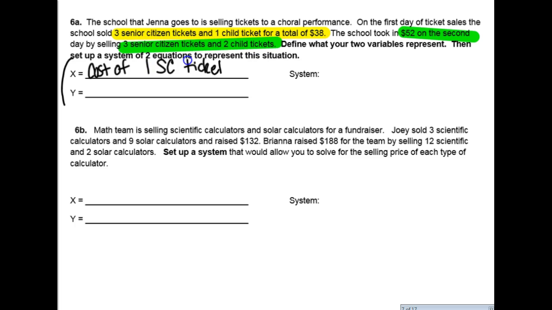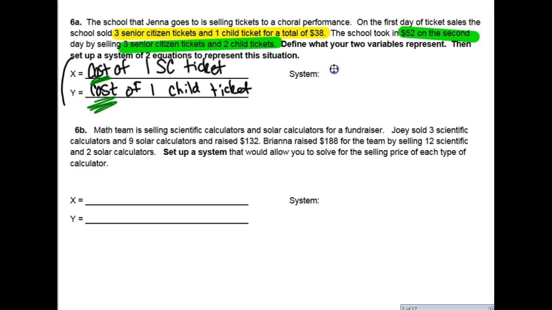And I think when I keyed this, I kind of reversed my variables, but it doesn't really matter because my system will reflect that. So then y is going to represent the cost of 1 child ticket. So very important that you have a very specific word in your definition of variable and that it's accurate.